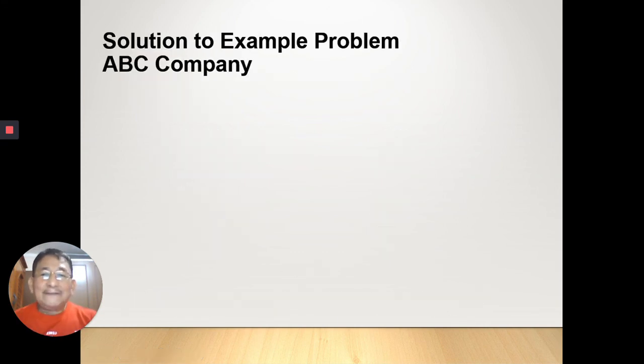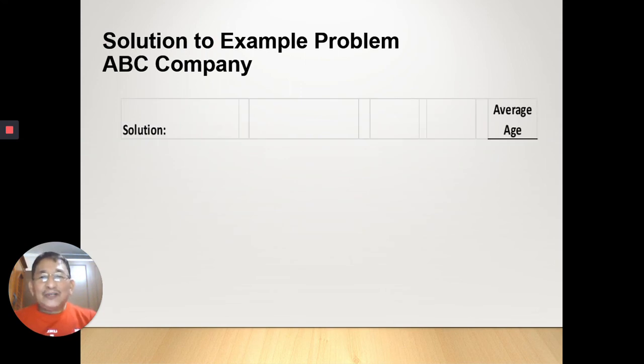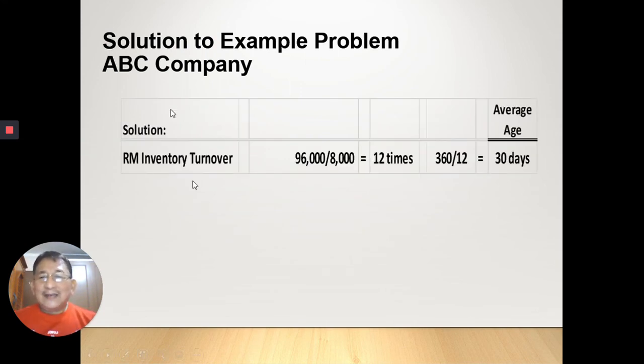So ang solution natin would be like this. Dahil siya ay merchandising, meron kang raw materials inventory turnover. So galing dun sa figures natin, that is 96,000 divided by 8 equals 12 times, yun ang turnover mo. And then, 360 divided by 12, eto na ngayon ang days in raw materials, 30 days.